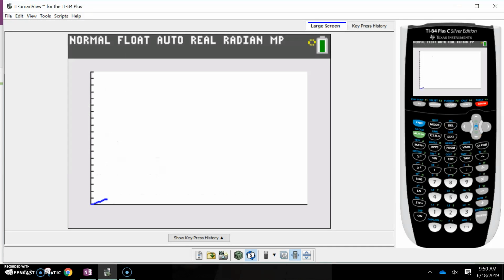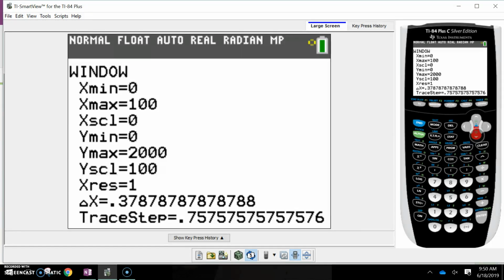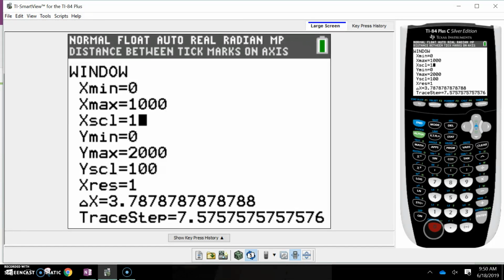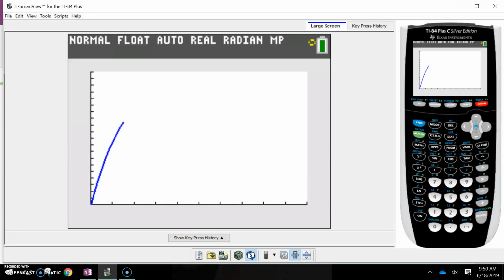And then the graph would look slightly, actually no, that doesn't work, does it? Okay, so let me just put that back the way I had it. I think I like the window just the way it was. That was pretty good.